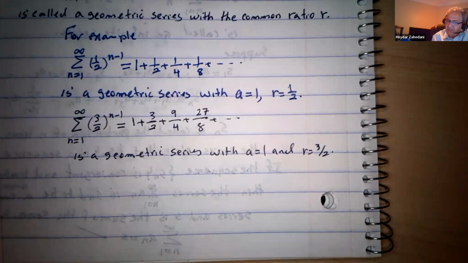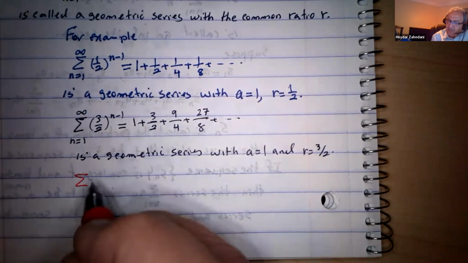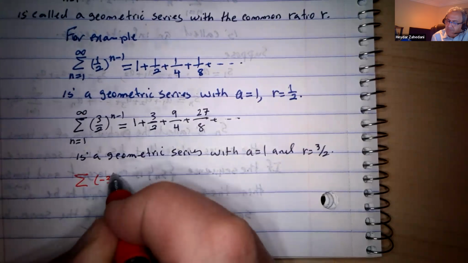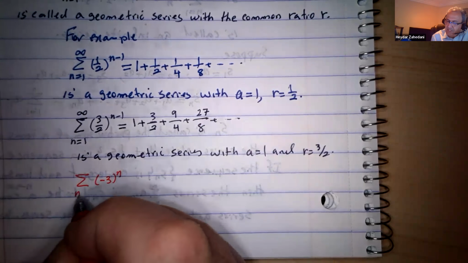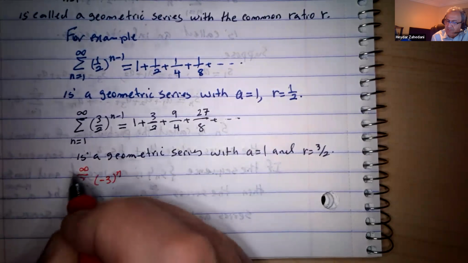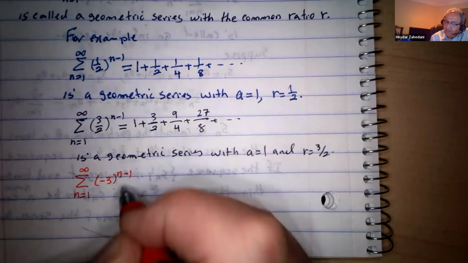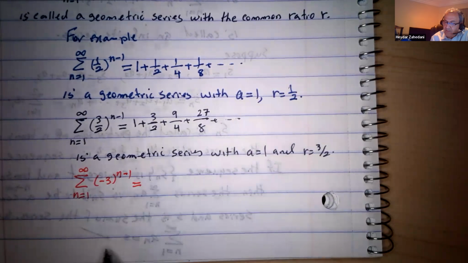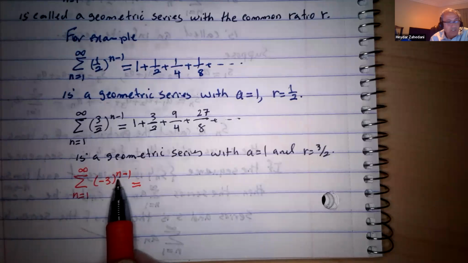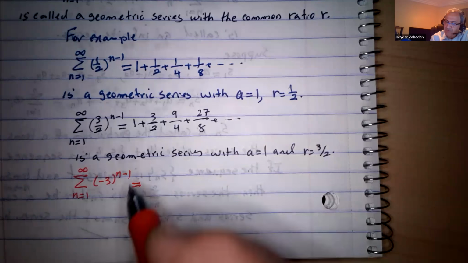You may have some negative numbers. The other one is sigma of (-3) to the n minus 1, n from 1 to infinity, for example. Again, if you put n equal to 1, n minus 1 would be 0, and -3 to the 0 would be 1.